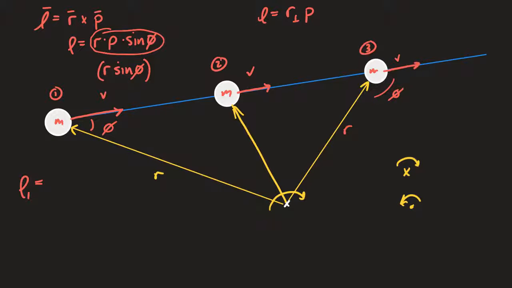If you could drop a straight perpendicular to here, this is r perpendicular, then no matter where the object is along that line, its value for its angular momentum is based on this point of closest approach. That's why it works. It's part of the reason it works, at least.